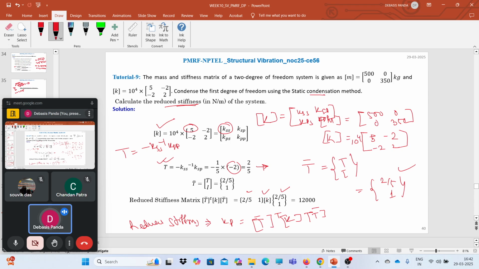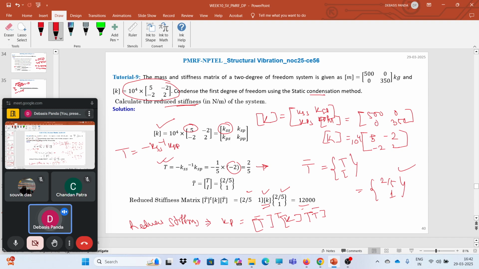The K matrix, we already have the value of the K matrix here. Just do the calculation, and you will find the reduced stiffness matrix Kp will be almost 1 to triple zero. Just make the calculations right. Check the calculation step by step. I may be wrong, but it comes as 12 triple zero.